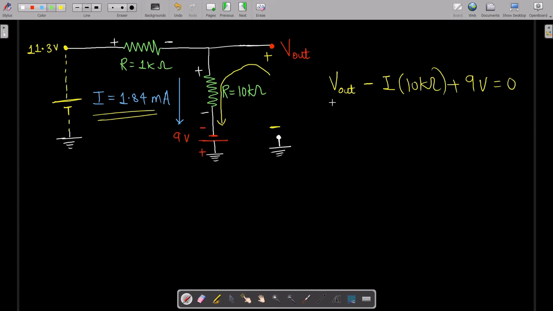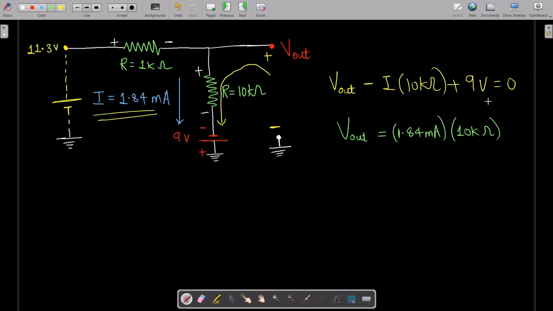So our V out works out to be I, which is 1.84 milliampere, times the resistor of 10 kilo ohms, sorry, 10 kilo ohms, extremely sorry for that.